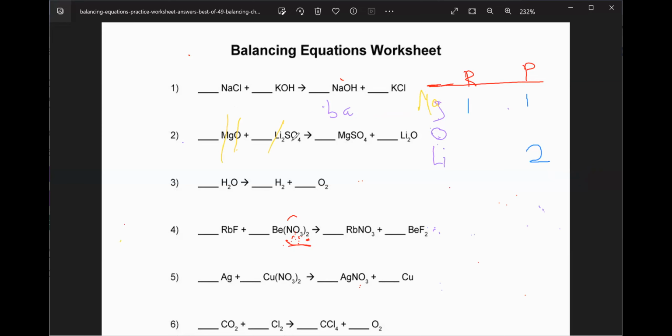I know that sulfate is a compound, a molecule, all of it. Sulfate, yeah, sulfate. If this sulfate in the product is still the same, it didn't decompose, so I will write it as it is. Easier for the balance.